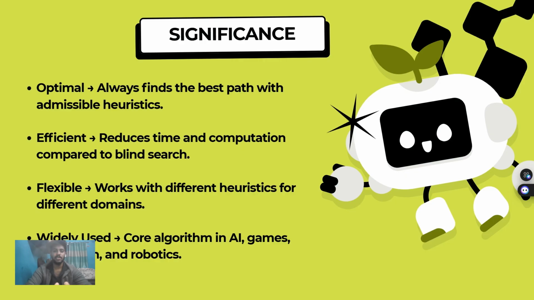In blind search, we do not have any information; g of n is not available, h of n is also not available. So it takes more time compared to an informed search strategy. And flexible: it works with different heuristics for different domains, and is widely used as a core algorithm in AI, games, navigation, robotics, etc. So thank you for watching.